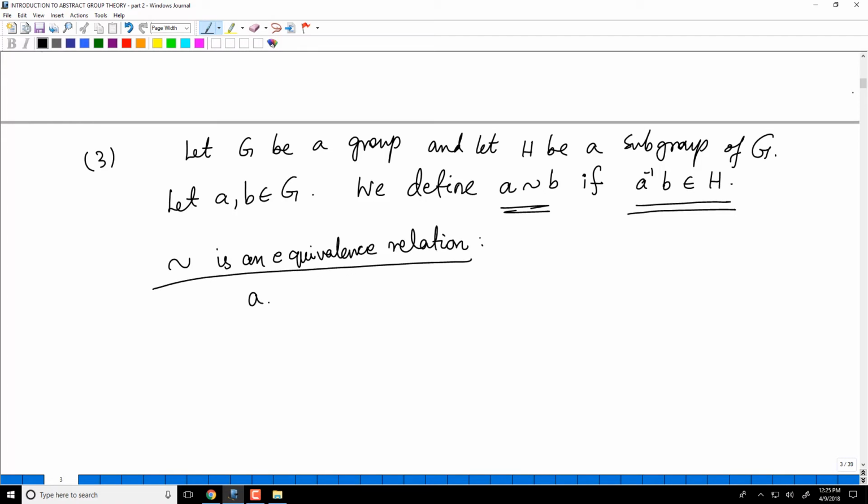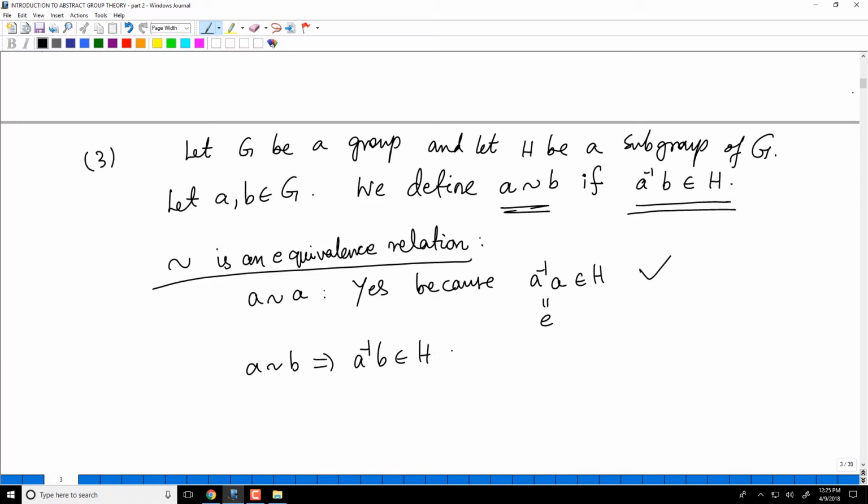First of all, is A related to A? Yes, because you have to ask yourself whether A inverse A is in H. It is in H because that's just E. Okay, so that's okay.